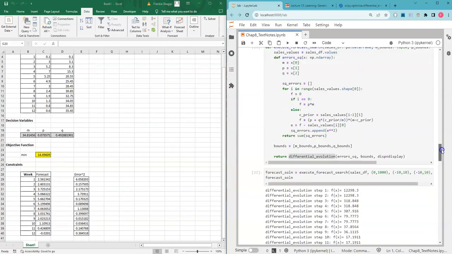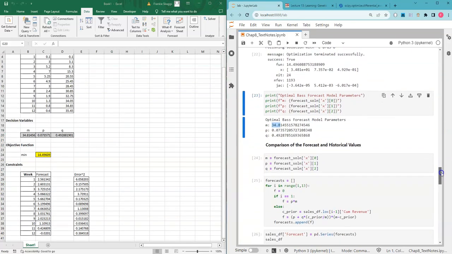So let's slide down here a little bit. Here we go. The function terminated at 14.496, that agrees there. M is 34.81, P is 0.07 and Q is 0.49. So very good. We've achieved the exact same model parameters using both SciPy's differential evolution method as well as the evolutionary solver inside of MS Excel.